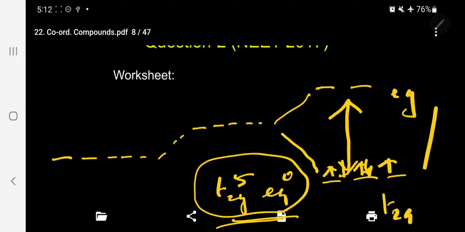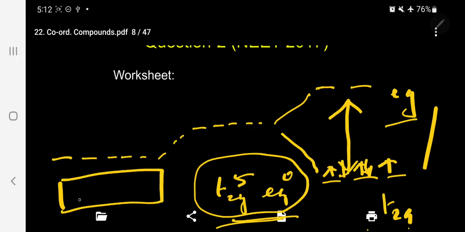So why am I comparing this with that one? Kindly follow. This is t2g, this is eg. When you are writing these 5d orbitals, kindly assume the first 3 are t2g, the second 2 are eg. You have to keep this in your mind. This is not given in any book. Please remember, these are tricks I am giving you to follow.